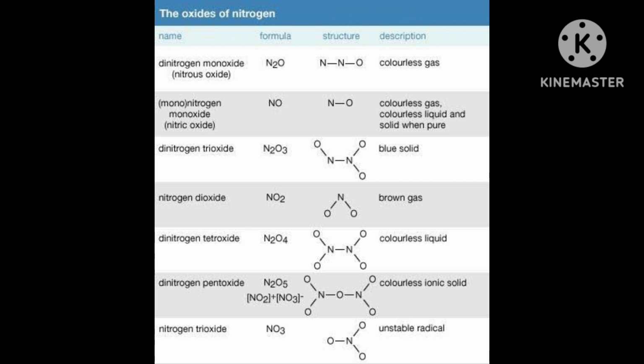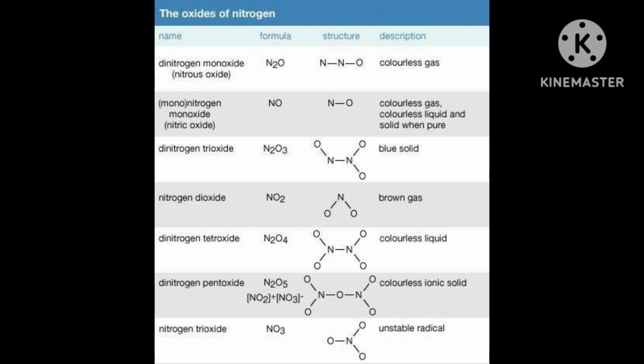Now how will you get N2O3? You will get it from 2 reagents, nitric oxide plus N2O4. Both are oxides of nitrogen only.